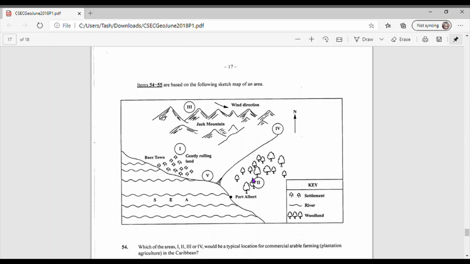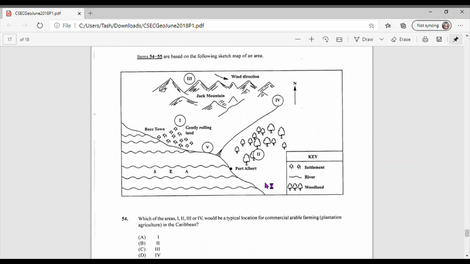So we already have 1 out, we already have 3 out. I would take out 2 as well because we do not want to be removing the trees, because that would also be polluting the air. We would leave the air polluted. So the one that is left is 4.